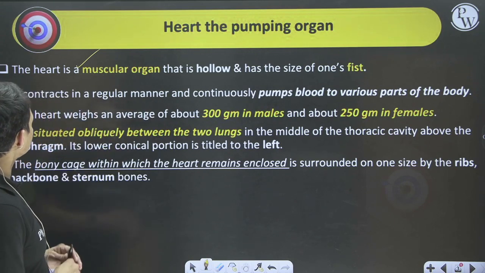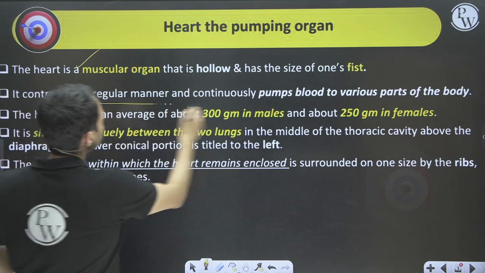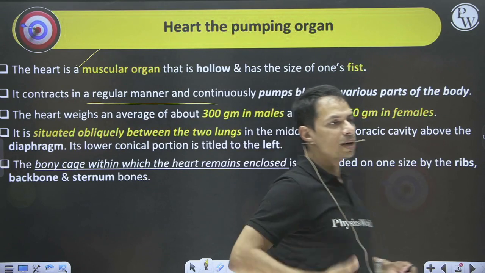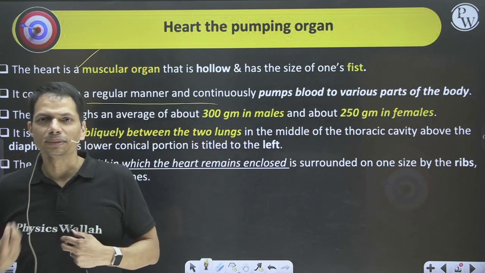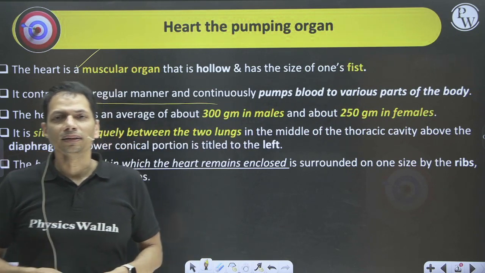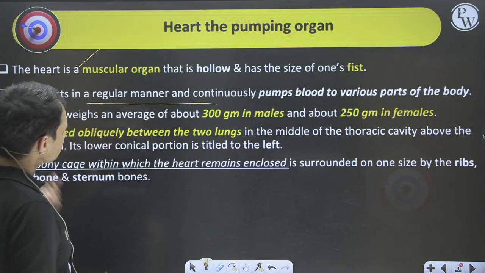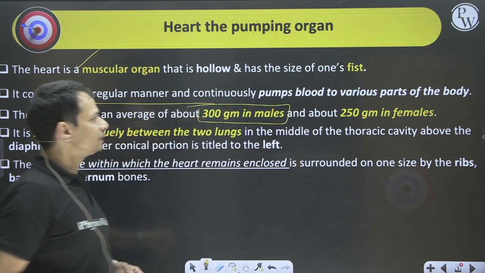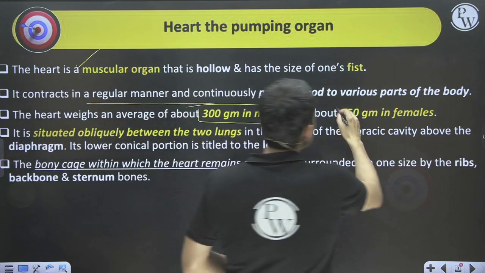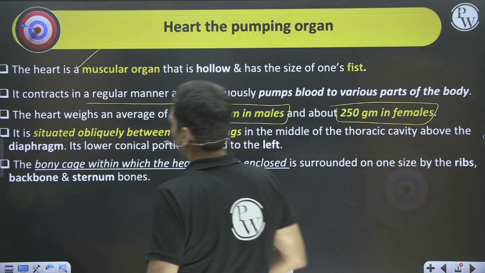It contracts in a regular manner, and continuously pumps blood throughout the body. So the main job of the heart is pumping the blood throughout the body. In a male, the heart measures 300 grams, and in a female it measures 250 grams.